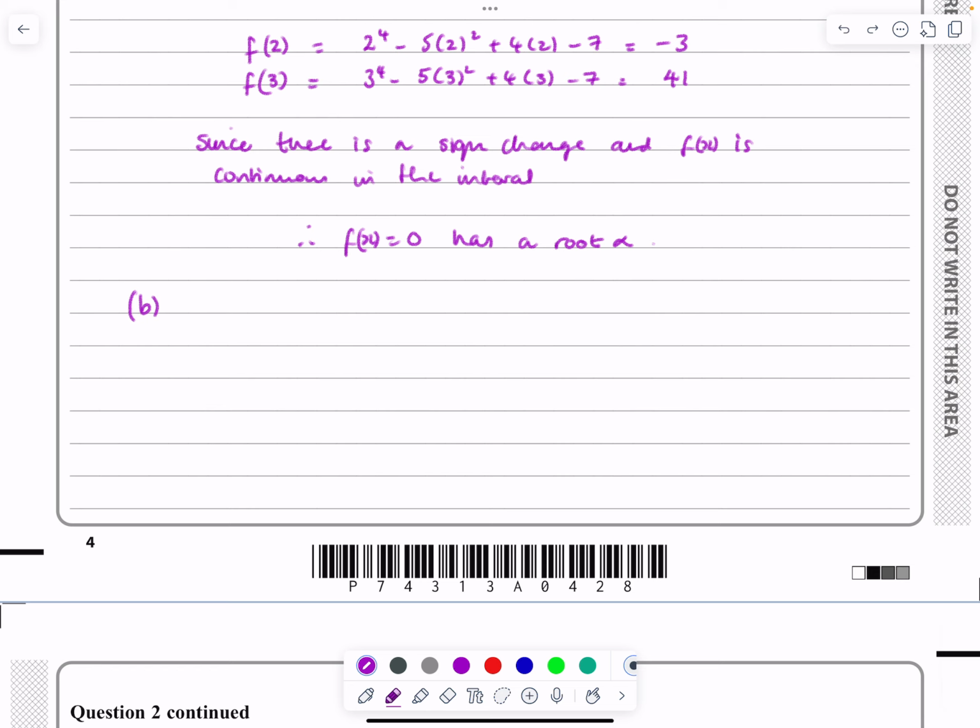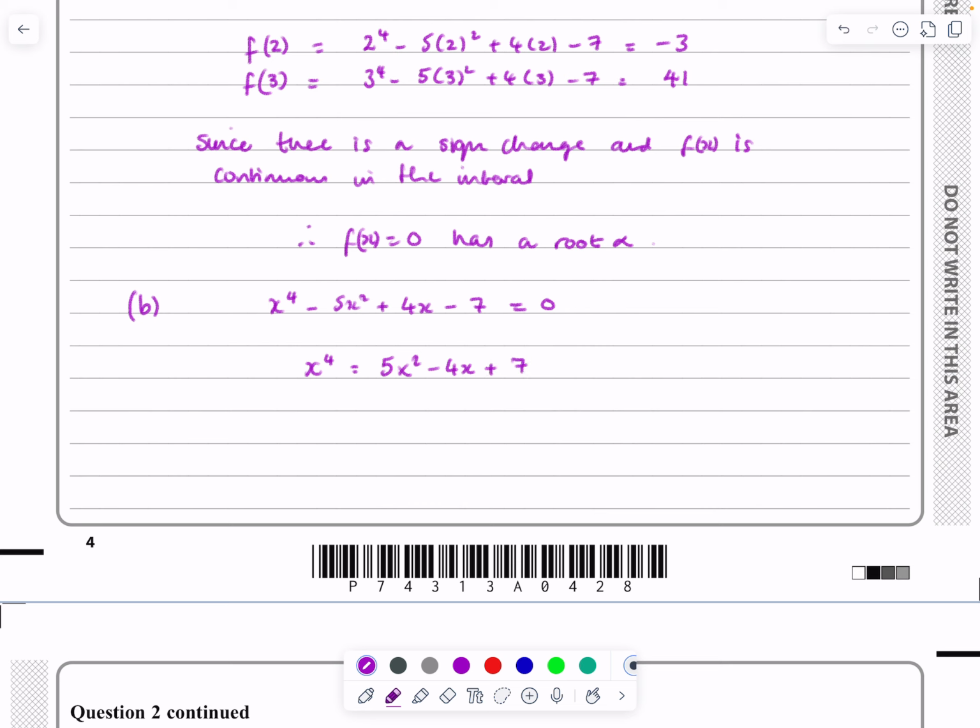So what I'm trying to do is to rearrange the equation x^4 minus 5x^2 plus 4x minus 7 equals 0 into the iterative one that we're going to use straight afterwards. So I'm starting off by saying I'm going to isolate my x^4. So everything else goes over to the other side.